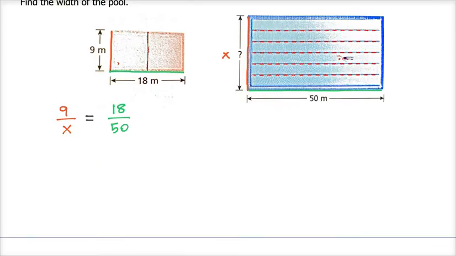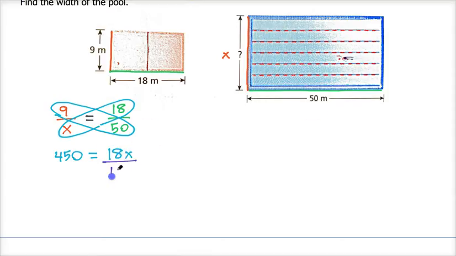So now, using my cross products, I can take 9 times 50. That gives me 450. And then 18 times x, which is 18x. I can then divide both sides by 18 and go ahead and pause the video and work that out on your own.